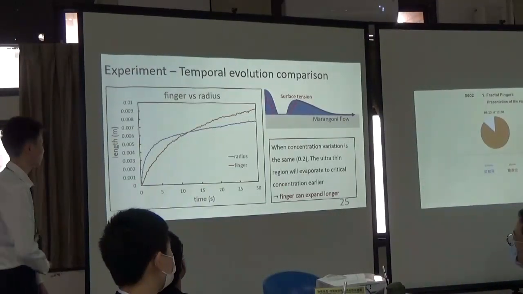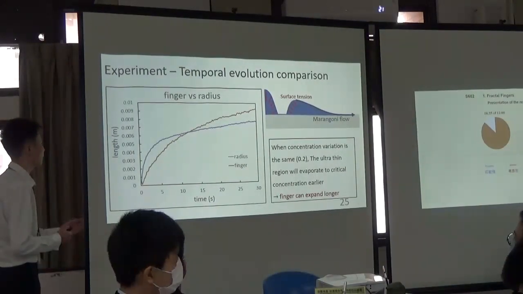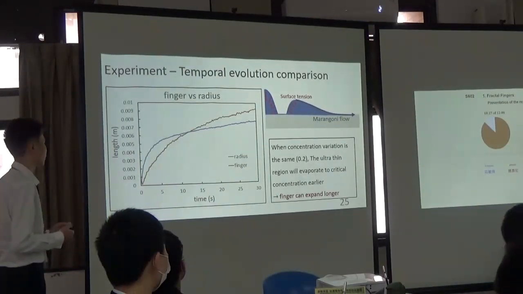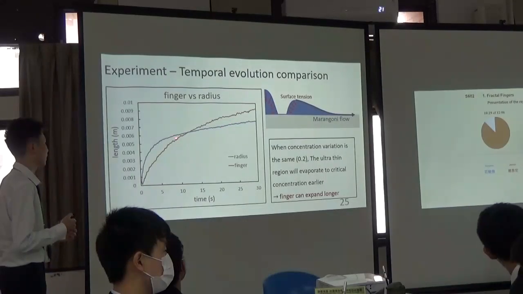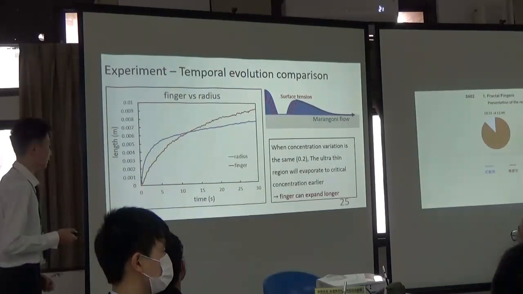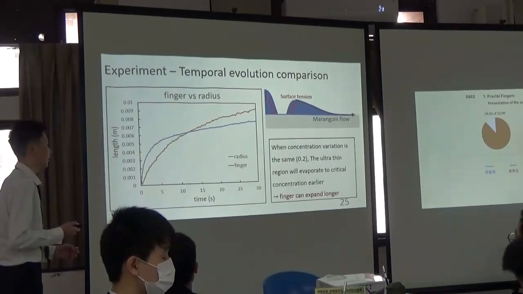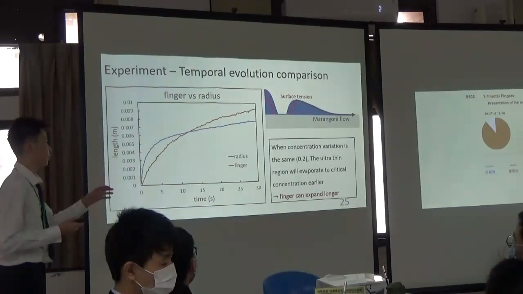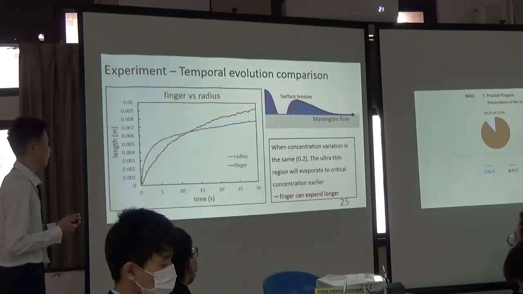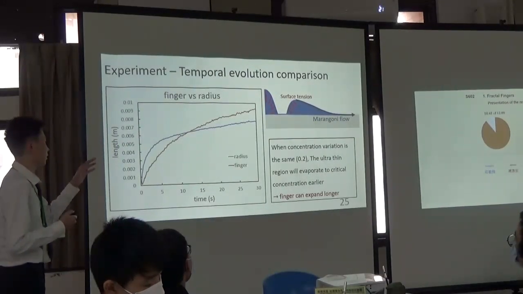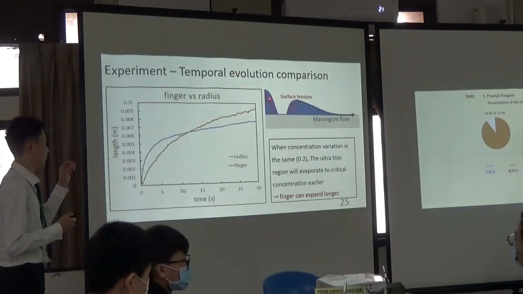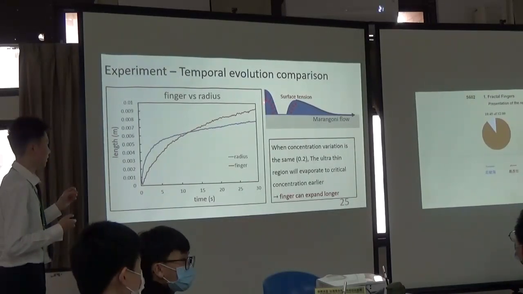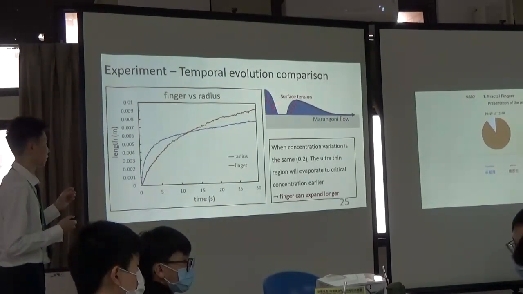And next is the temporal evolution comparison between the finger and the radius. As you can see, the finger will expand longer than the radius does, when the concentration is the same. When we drop the mixture onto the diluted acrylic plane, the boundary will be influenced by the surface tension, so it pulls the boundary of the finger like this, and forms an ultra-thin region.